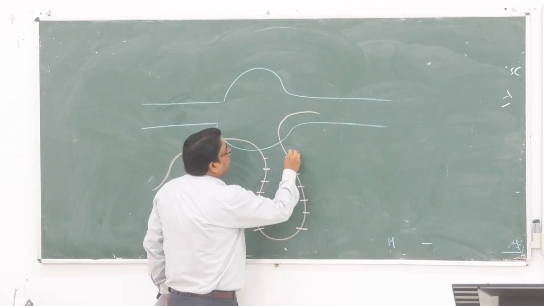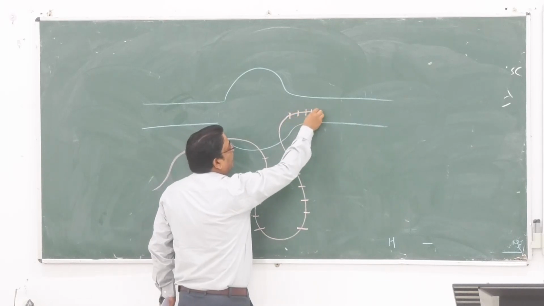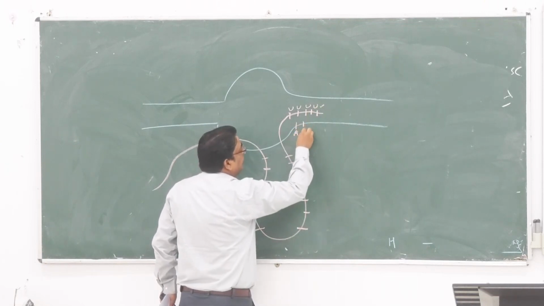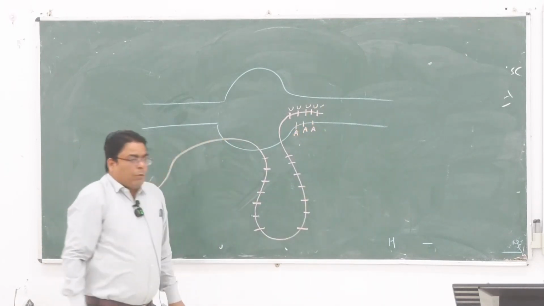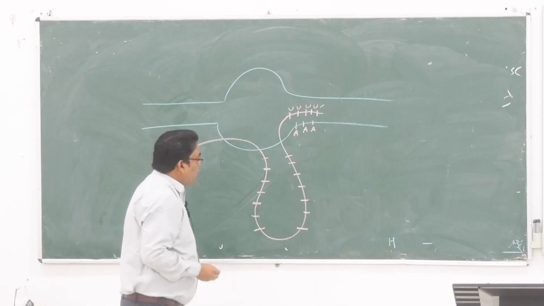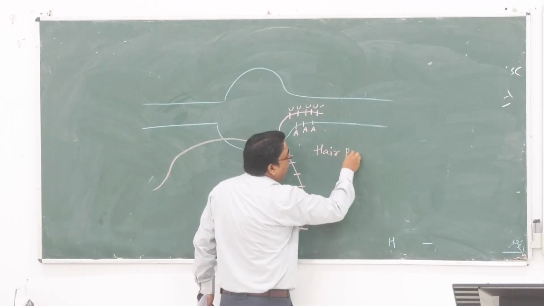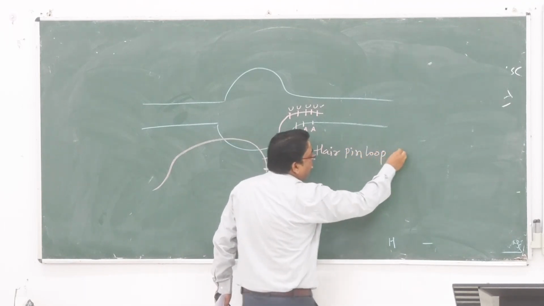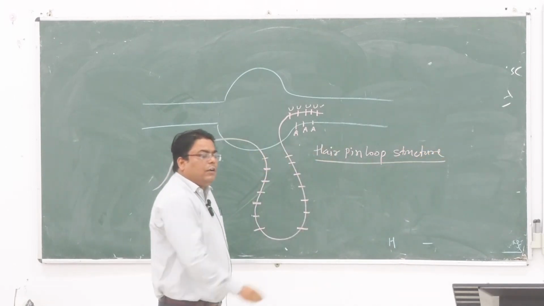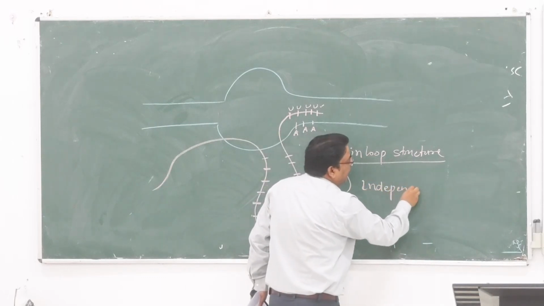And this tail containing uracil, and here adenine groups are there, which provide a signal for termination, okay, and they terminate this hairpin loop structure. This is called rho independent termination. What is it called? Rho independent termination.